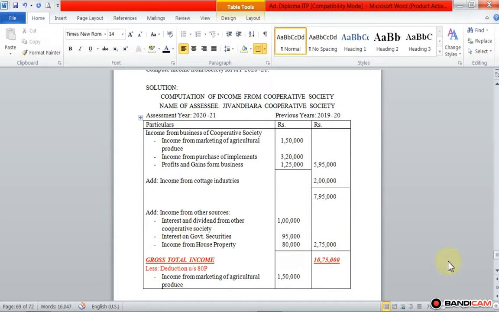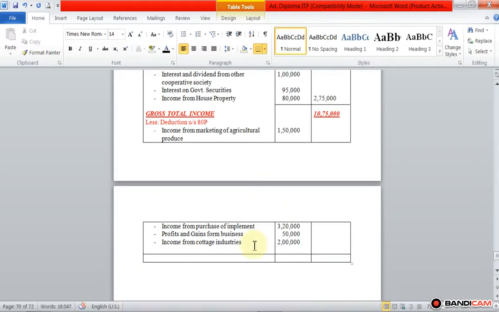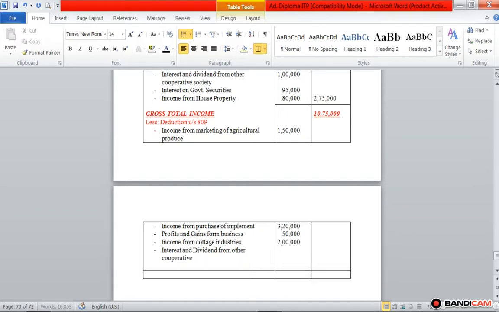So here interest and dividend from other cooperative societies amounted to rupees 1 lakh, so here we get a deduction.